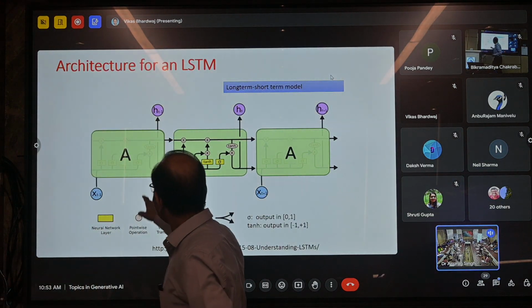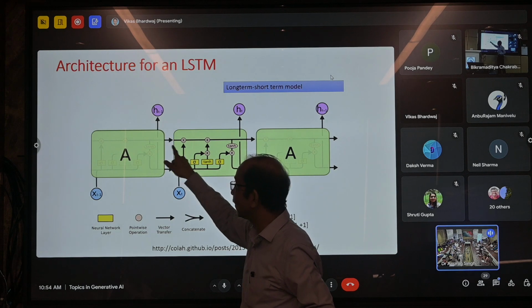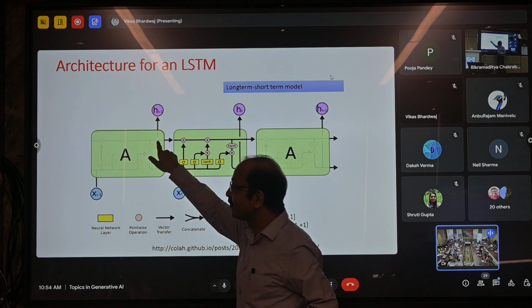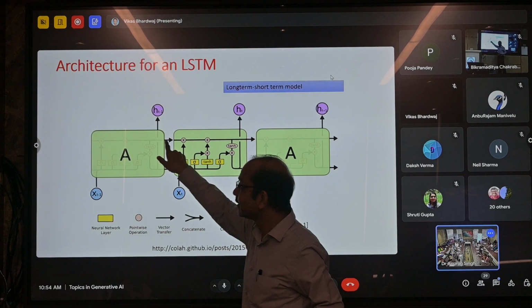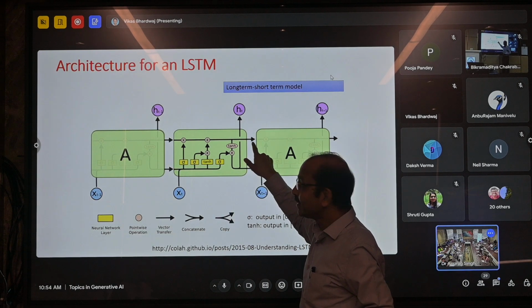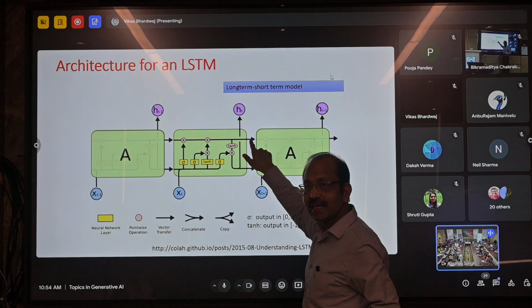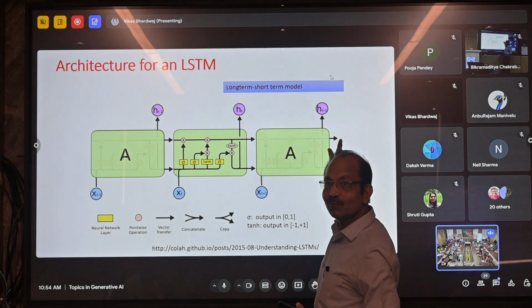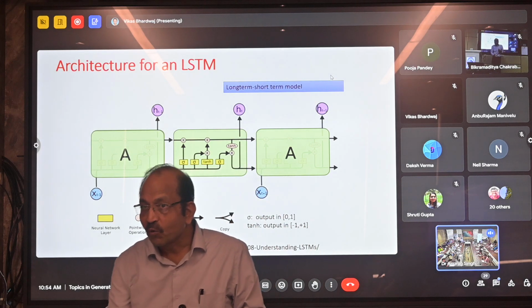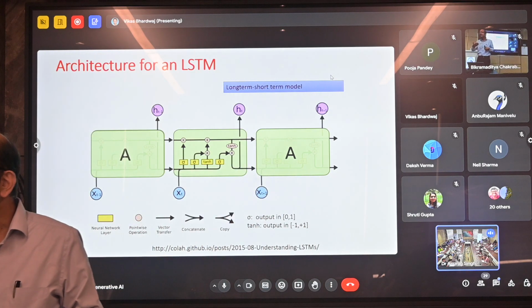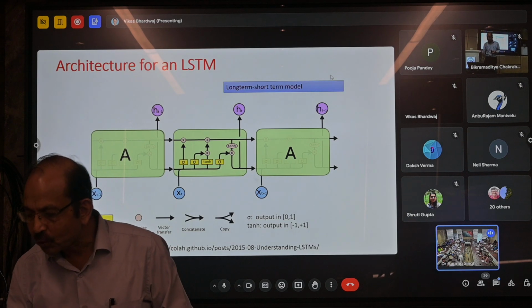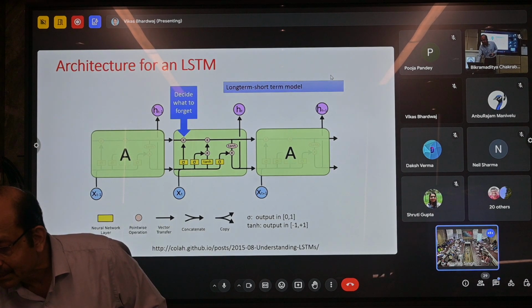Think of this as a kind of conveyor belt. At time t minus 1, the conveyor belt had this content. After t, the conveyor belt will have information Ct. Then it will be Ct plus 1. So this conveyor belt is moving, and with time this information keeps on changing. How are you able to change this information?